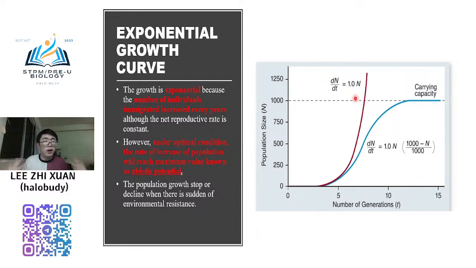It lives very comfortably. No one eats it, like in an ecosystem, and no competition at all. So it will grow and give birth to many more offspring. But when there is environmental resistance like disaster, or predators, or something else that can affect it, it will directly go to the logistic curve.